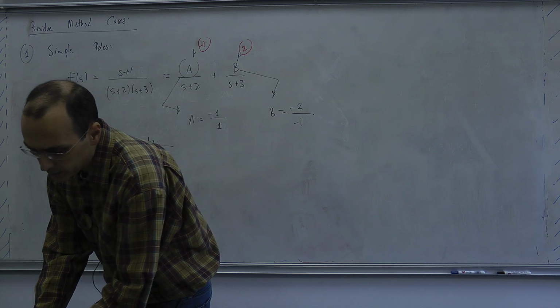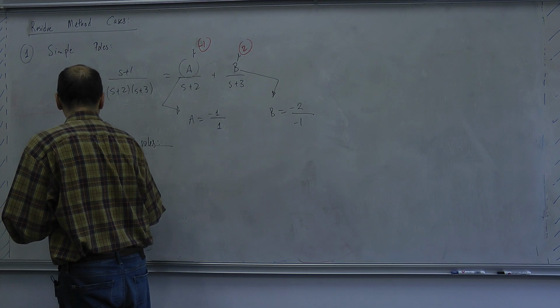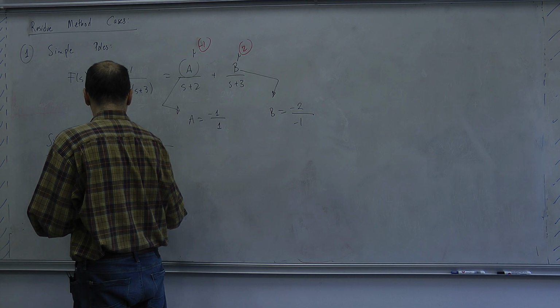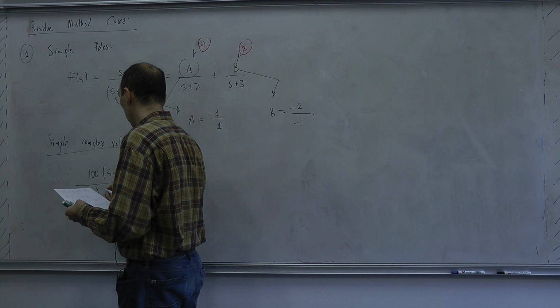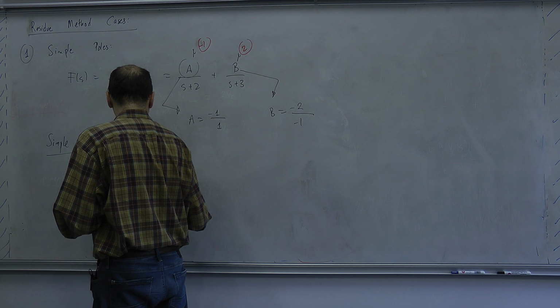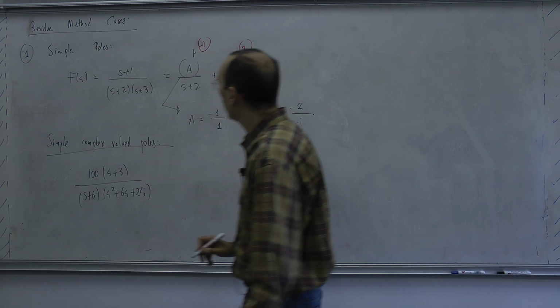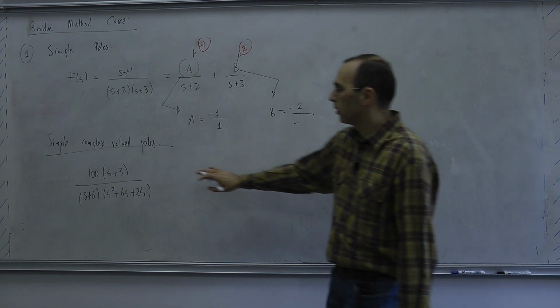Maybe we haven't seen this, but let me give it a try. Divided by s plus 6. Okay. Now I would like to find the partial fraction expansion of this thing.